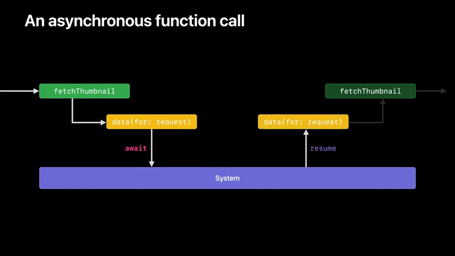That async function is then back in control of the thread and able to keep going about its work. And if it wants, it can suspend itself again. In fact, it can suspend itself as many times as it needs to. On the other hand, it may not need to suspend itself at all. While an async function may suspend, just because it's marked async doesn't necessarily mean that it will suspend.